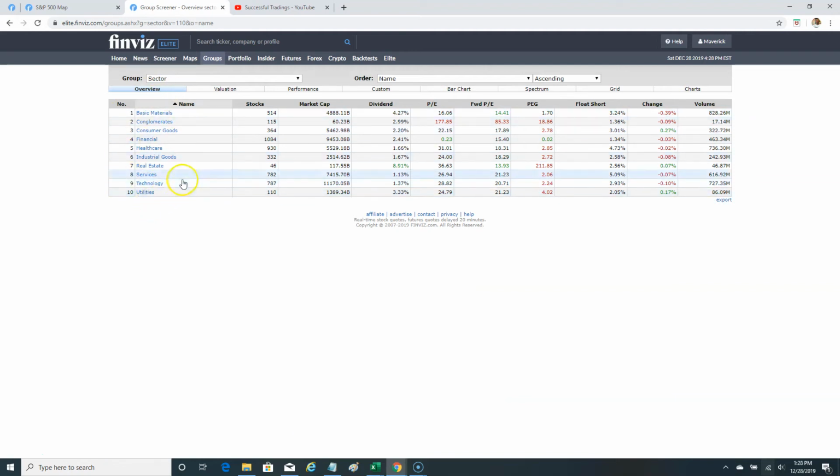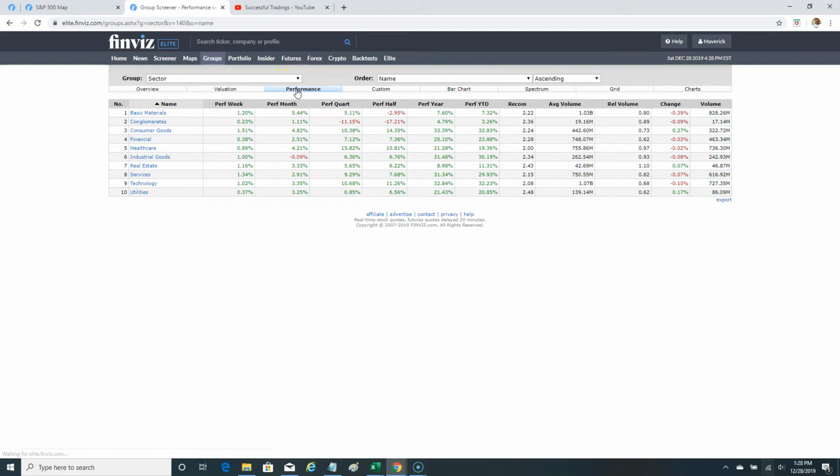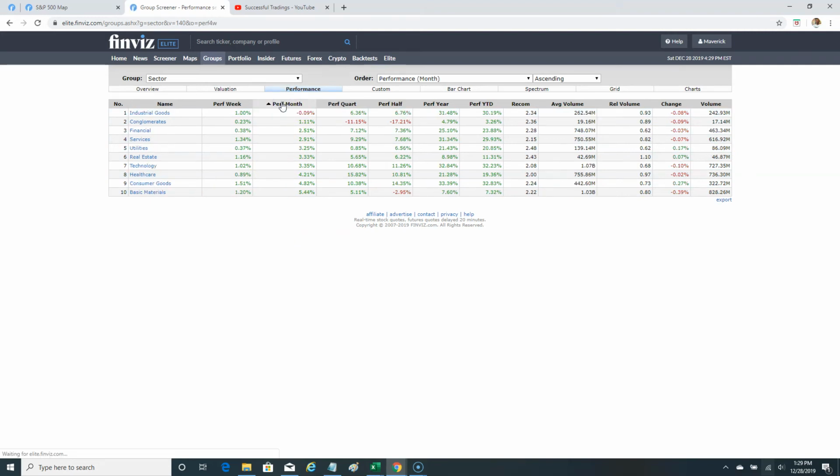From there, if we go to performance, we get to see the performance of each sector over a given period of time: weekly, monthly, quarterly, 6 months, a full year, or year to date. This recommendation is the analyst recommendation for that sector. Little value on that, then the average volume for stocks inside of that sector. So the next step is, let's filter this. You can filter inside of Finviz by just clicking.